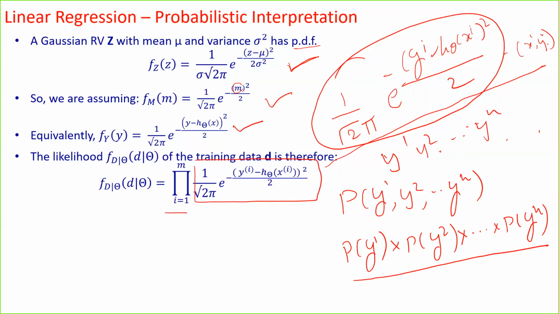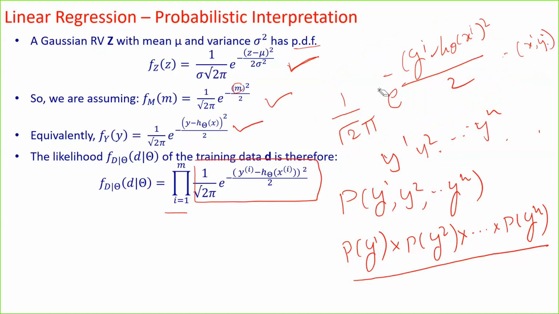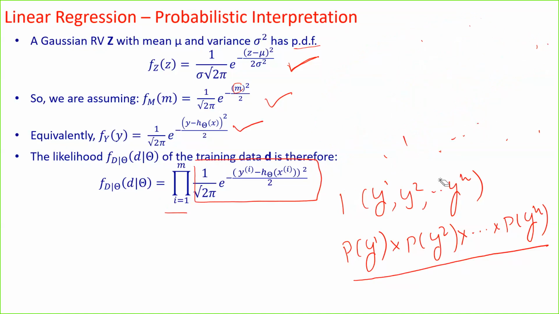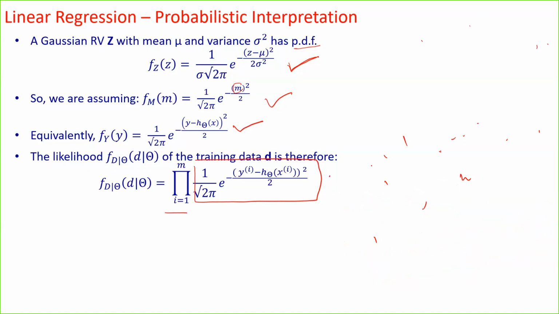Clear? Are you following so far? Yes, sir. So the task is to find out theta that maximizes the likelihood of the data. It means you need to choose theta that maximizes this product over i equal to 1 to m of this term, right? So this is the task.